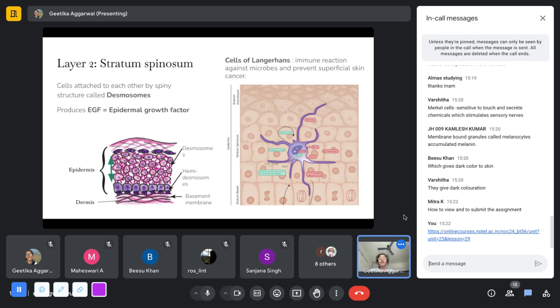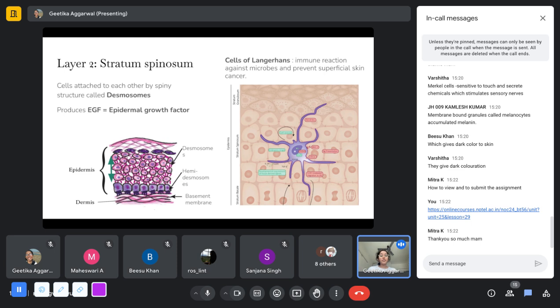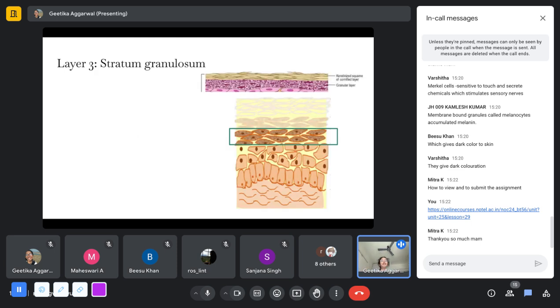Okay. So moving on from the second layer, the stratum spinosum, let's talk about the third layer, the stratum granulosum, and it is known for its granular appearance. Can you guys tell me why the stratum granulosum appears granular? What is it that causes this granular appearance?